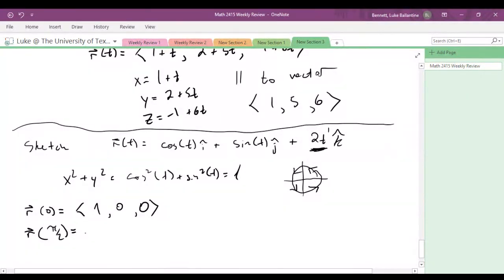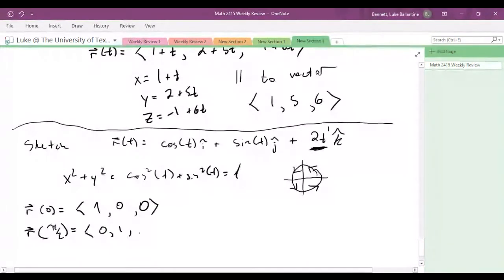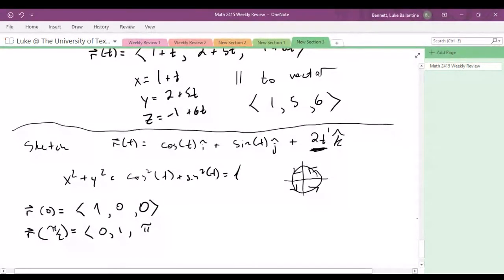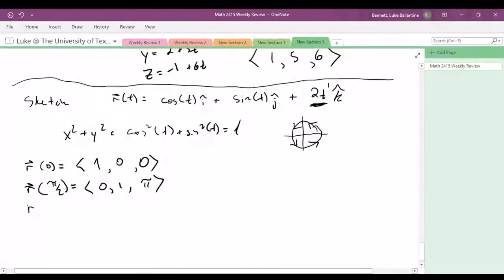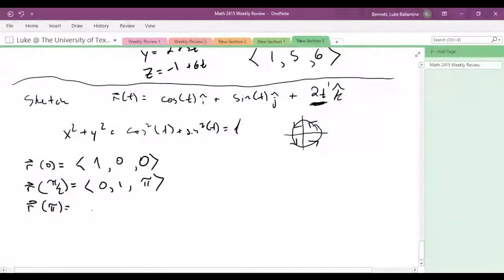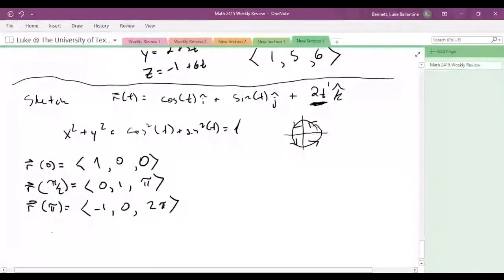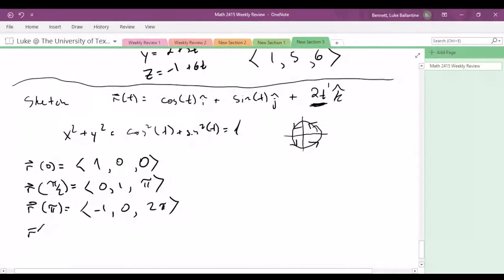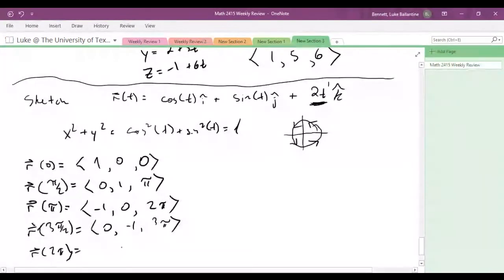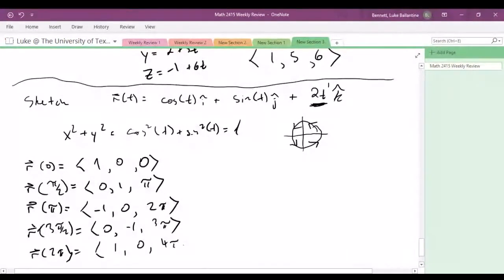Pi over 2, and we get 0, 1, pi. R of pi equals -1, 0, 2 pi. R of 3 pi over 2 equals 0, -1, 3 pi. R of 2 pi equals 1, 0, 4 pi.